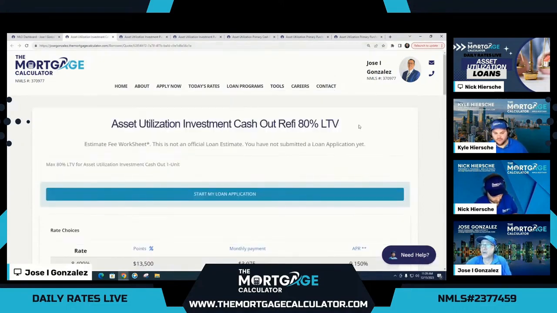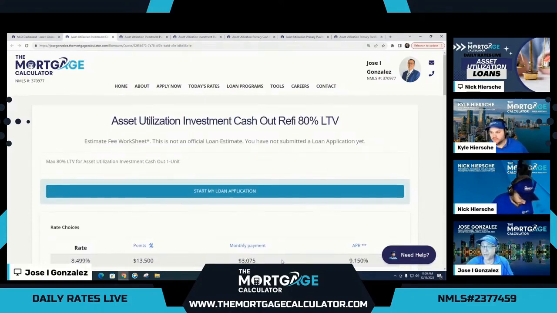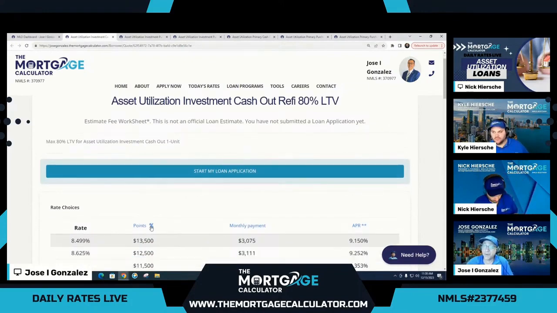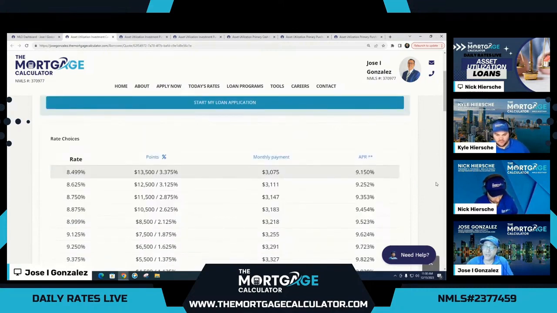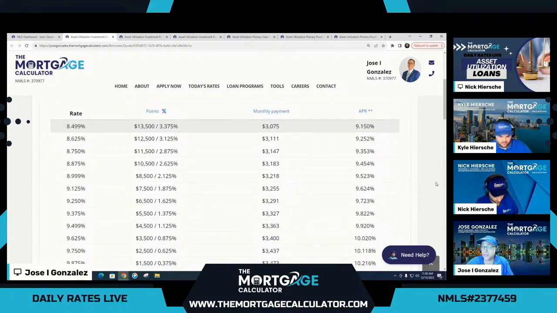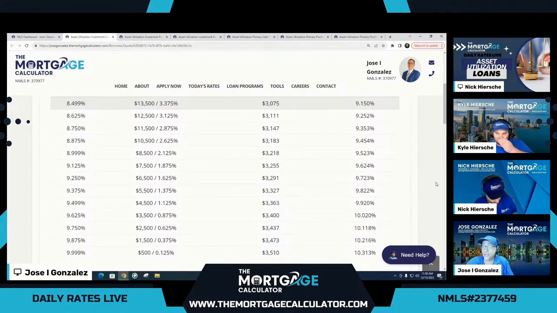And our last option is our asset utilization investment property cash out refi. Again, 80% is still the maximum LTV, even though it's investment. So we got the same maximum LTV on a cash out, whether it's primary or investment property, which is very interesting to note.